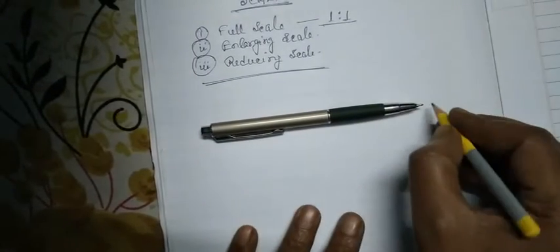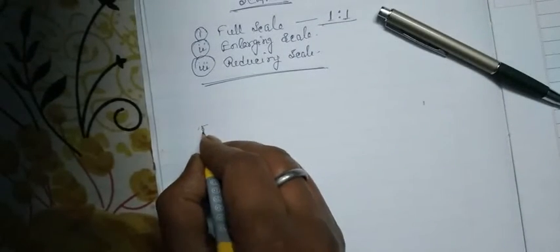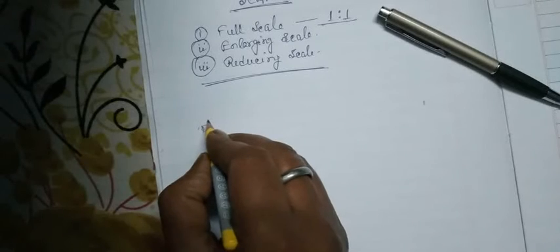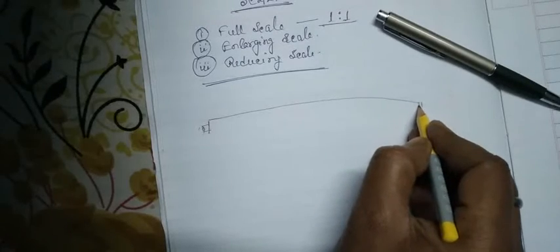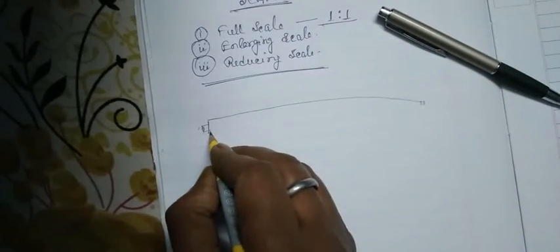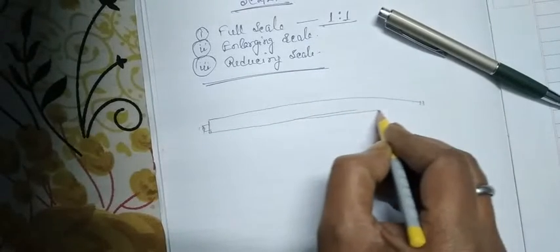Understand? Suppose a pen. This is the size of a pen. I am drawing here from here to here, the length of the pen. I am taking the original size of this pen and drawing it here.